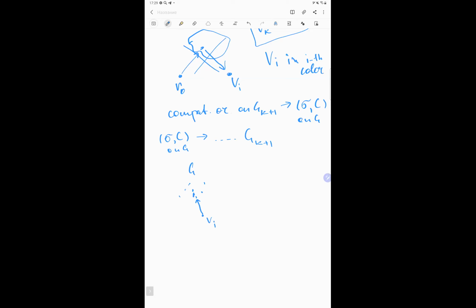So orientation of the edges leaving the boundary vertex number i is in charge of coloring into color number i.